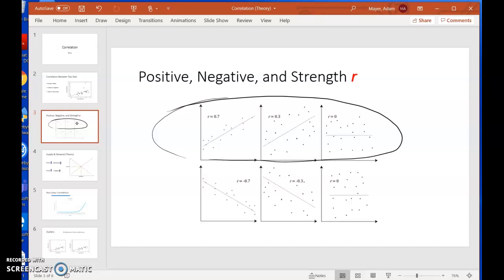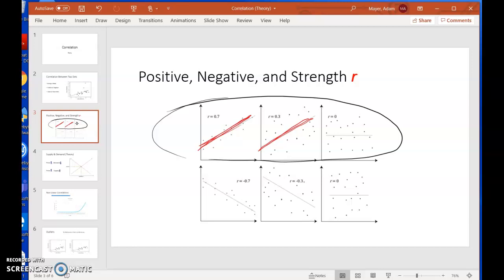Positive correlation essentially means the trend goes up as the other trend goes up, right? We can express that, as you can see in this particular slide, with a line trending upwards here and another line trending upwards here. Those are called the line of best fit or the linear regression. We'll get into that later.